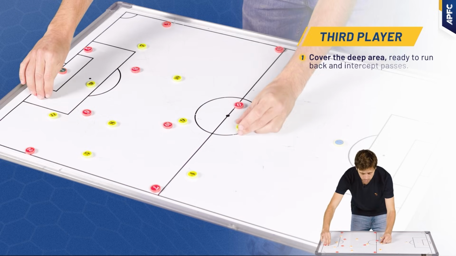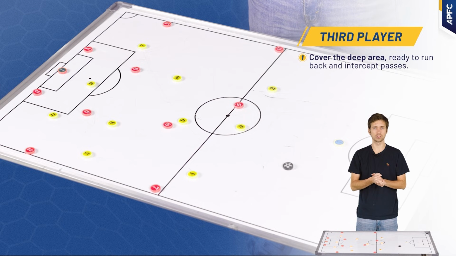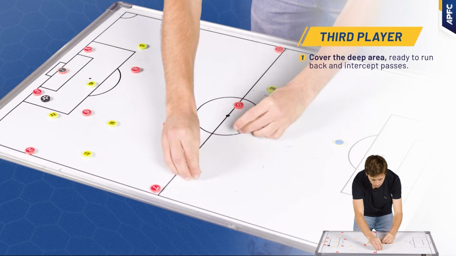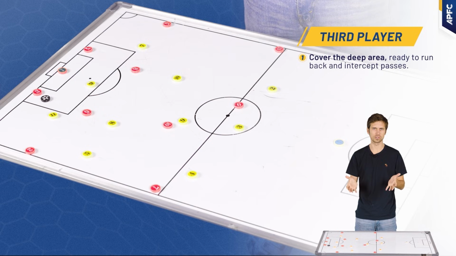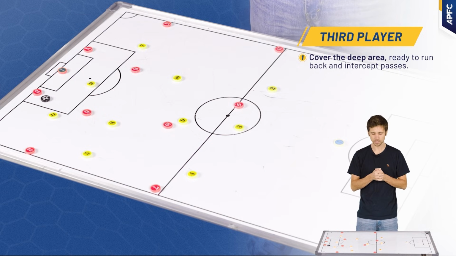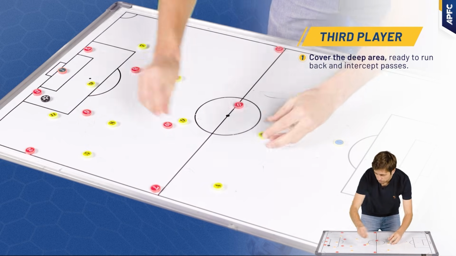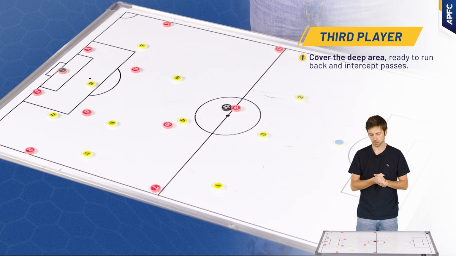It is very important to understand that when we have this kind of pressure, this solution is a very likely solution to happen from the opposite team. So we should be ready to run backwards with a good body position, sideways, that allows us to run back. Because we must understand that when doing this kind of pressure, we are leaving a lot of space behind our backs. It is very important at the same time that we don't drop too much, because if that happens, then it is very easy for them to connect with their number 9 or wingers that come to get a ball closer to the feet.